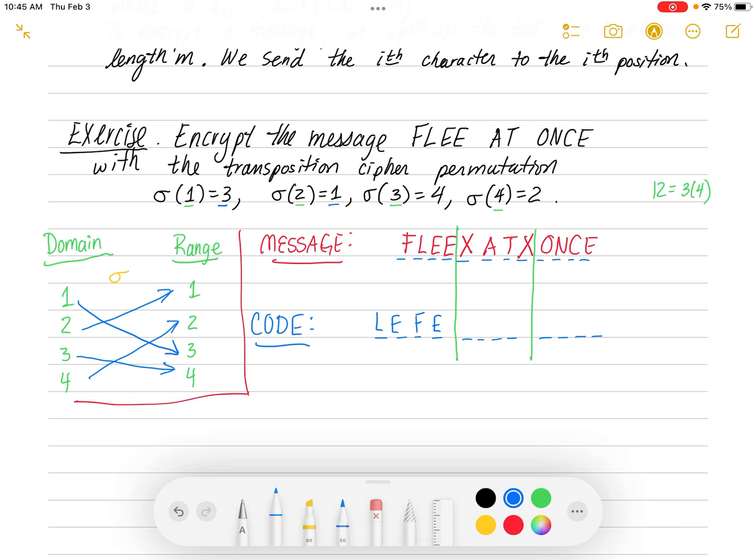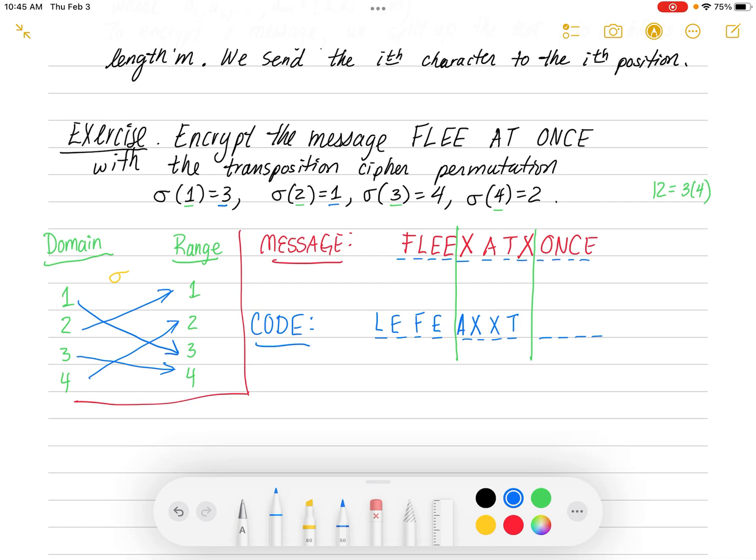Okay, continuing. Now with the second block, we're going to start over. Sigma of 1 is 3. So the first letter X goes to the third space. The second letter, A, goes to the first space. The third letter, T, goes to the fourth space. And the fourth letter, X, goes to the second space. I've used my permutation. Now, let's do our last block.